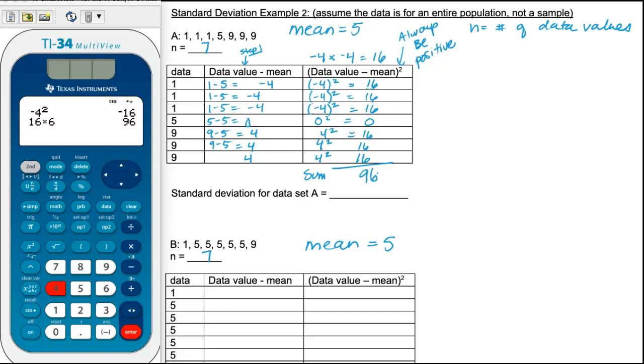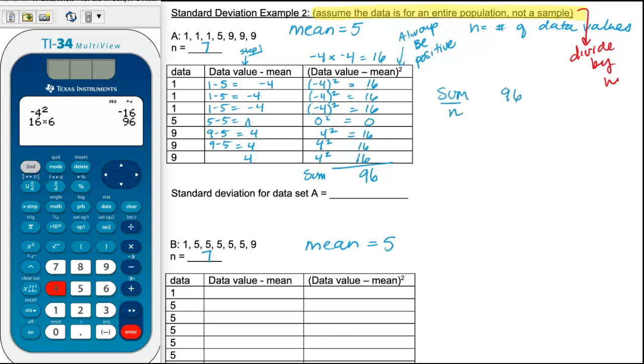And then the next step, step 4, is to divide by n, which is the number of data values, if the data represents the whole population. If not, if the data is from a sample, then you have to divide by n minus 1. So it tells us in the example, assume that the data is for the entire population, not a sample. So what that means is that we're going to have to divide by n. Okay, so our next step, and so I'm on step 4, is we're going to take our sum divided by n.